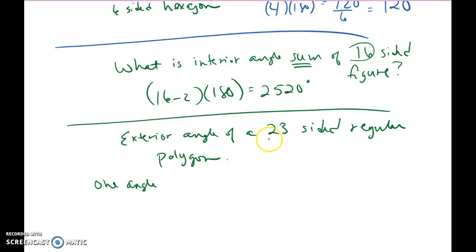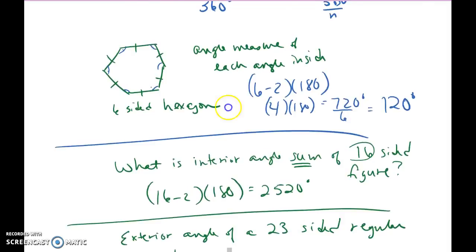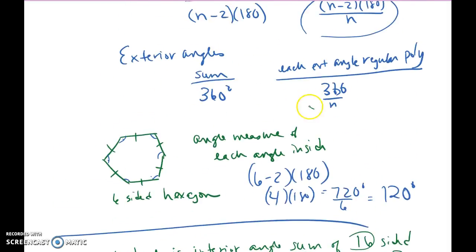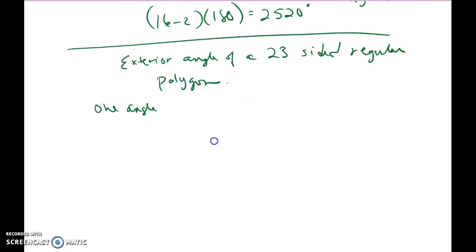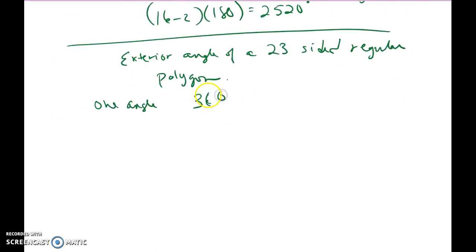And I don't even want to try to draw a 23-sided polygon, but I'm going to go back up and look for the formula because it says exterior, and it didn't say sum, it said each one. So I need to be doing 360 divided by n. So what is my n? Well, 23. 360 divided by 23 is, what am I getting? 15.65 degrees.